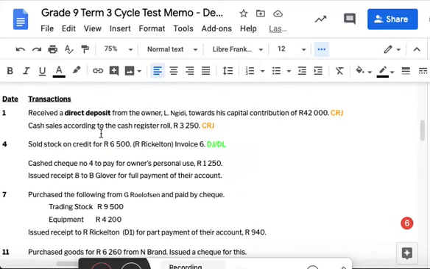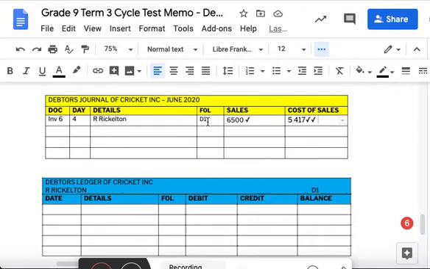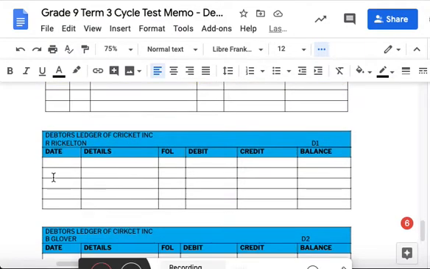And again, in the information, they tell us he's D1. So if we go to folio, D1, the sales figure that they give us is 6,500. We need to work out our cost of sales figure. We go 6,500 divided by 1.2, and that should give you 5,417 Rand. Right?